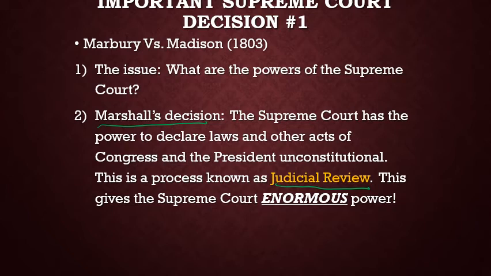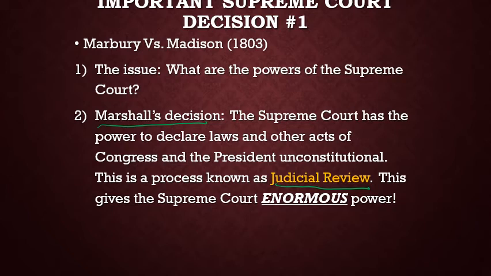So John Marshall is the Chief Justice of the Supreme Court. He also happens to be a Federalist, as are several members of the Supreme Court and the lower courts as well. So having a lot of Federalists around there is going to be really important for the existence of Federalist ideologies moving forward. Okay, expanding the power of the federal government is exactly what this does.